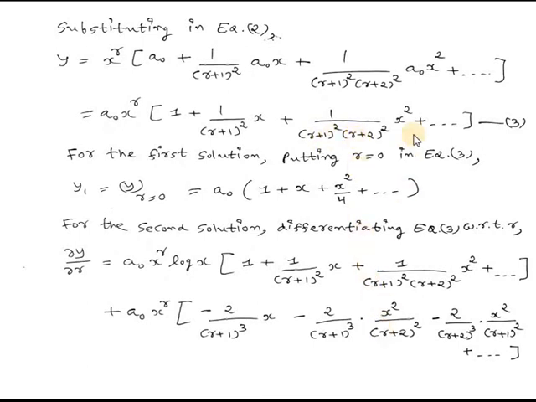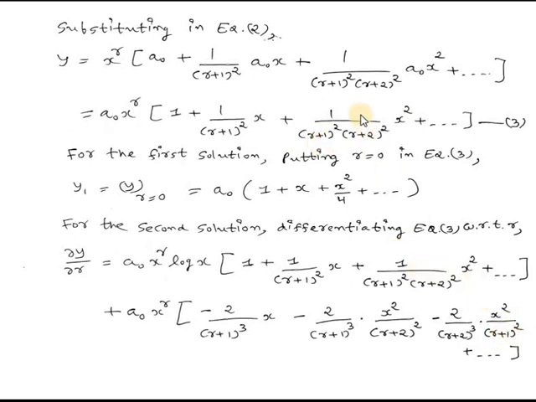Here, first of all, x square will be as it is and (r plus 2) whole square will be as it is. We are differentiating the term 1 divided by (r plus 1) whole square, so the derivative of this term will be minus 2 divided by (r plus 1) whole cube. Now x square as it is and (r plus 1) whole square as it is.